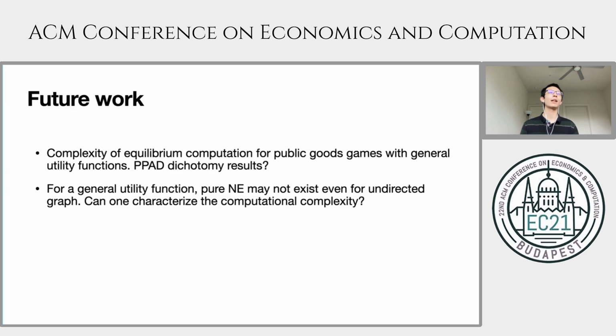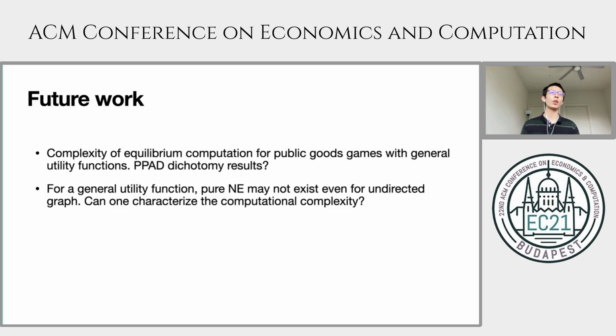Finally, I will wrap up the talk by mentioning a few future research directions. First, it will be interesting to characterize the equilibrium computation for public good game with general utility function. And in particular, is there any, say, PPAD-hardness dichotomy result there?